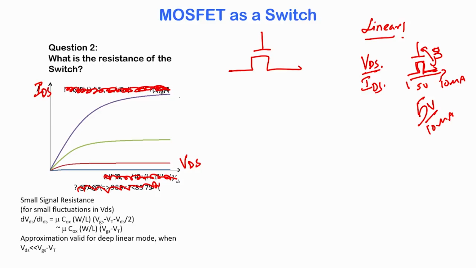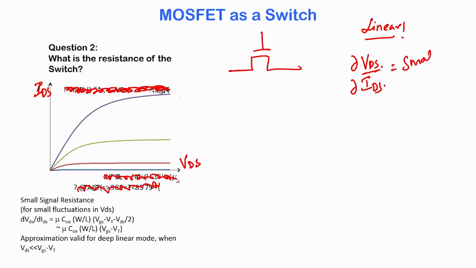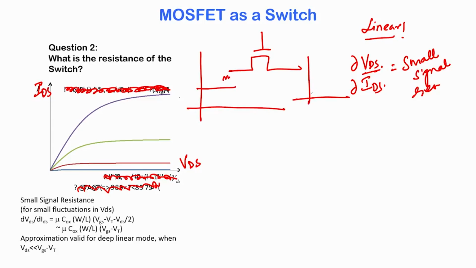But that is not what we are talking about, because that is the large signal behavior of the MOSFET, and that is a non-linear behavior. So, it is not appropriate to define a resistance there. What we are interested in is the small signal resistance, which is for a small fluctuation after you have set all the DC voltages.